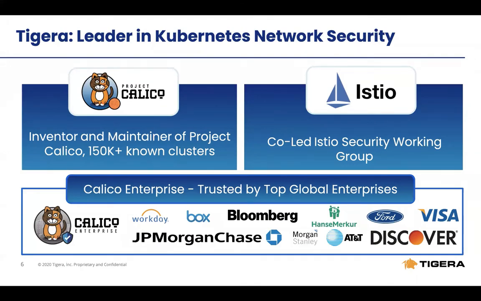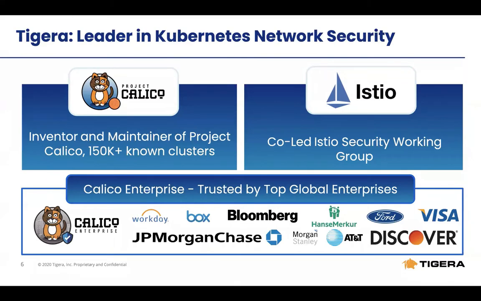The great adoption of Calico allowed us to get on board many customers across different industries, different verticals. So you can see some from fintech to manufacturing and automotive that run very large clusters and use Calico.